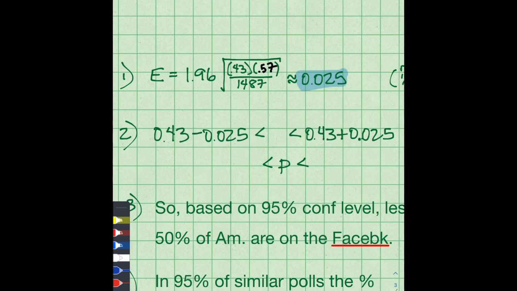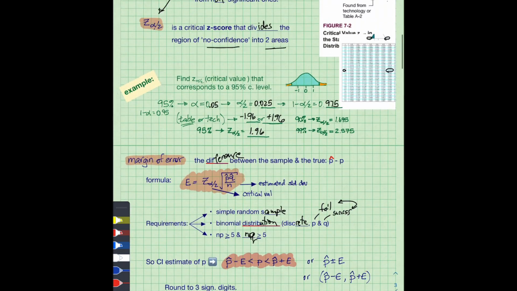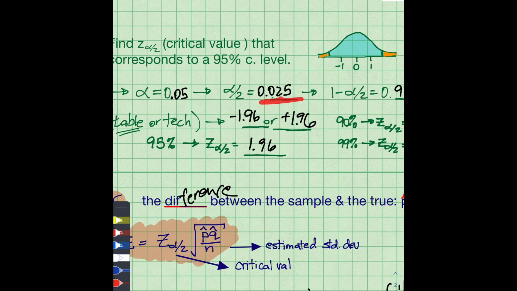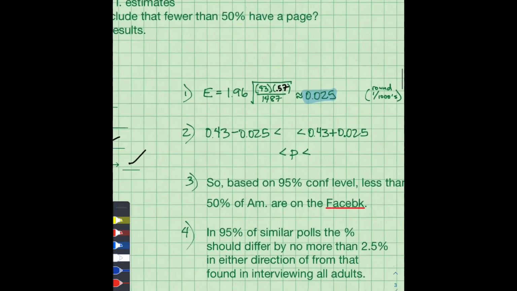I would recommend you practice doing that if you haven't done that at this point. Okay, number 2. It's a coincidence that we got this 0.025 and we also had a 0.025 back here where we did alpha over 2. Those were not the same things. Those are two different things that ended up in the same position.